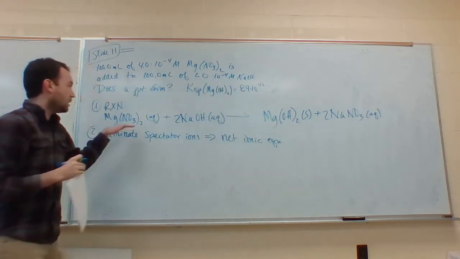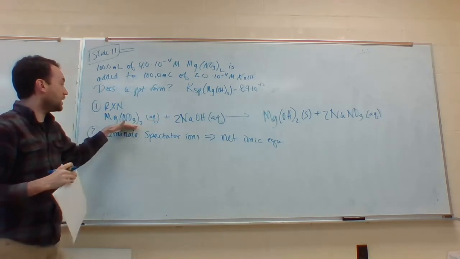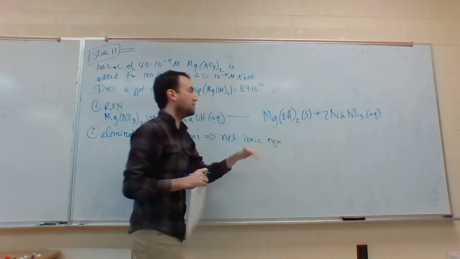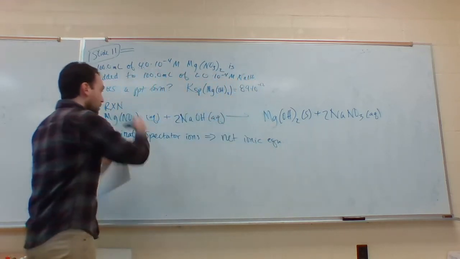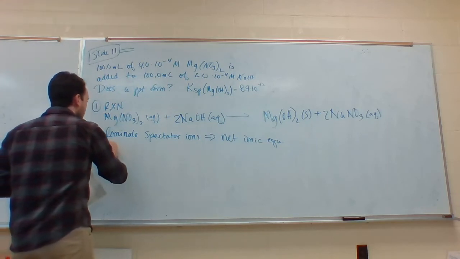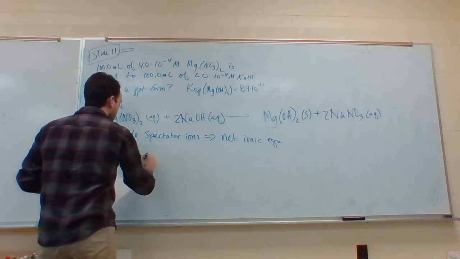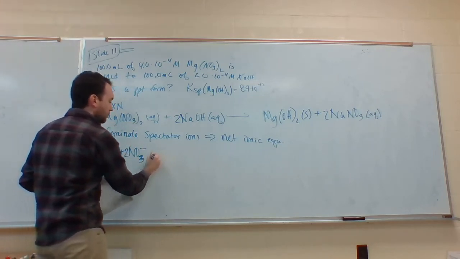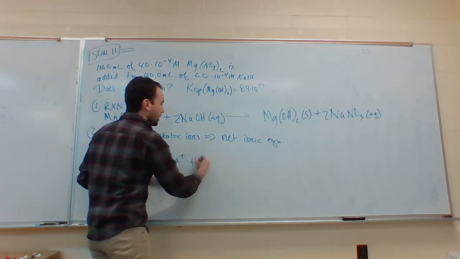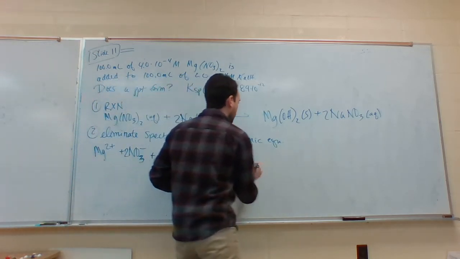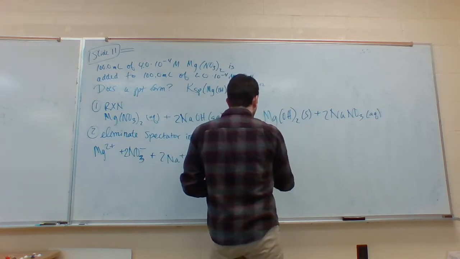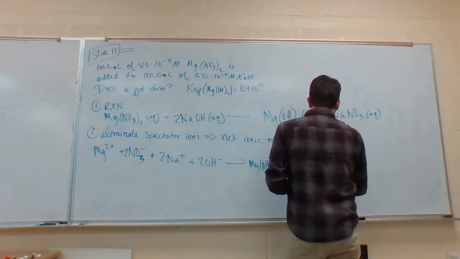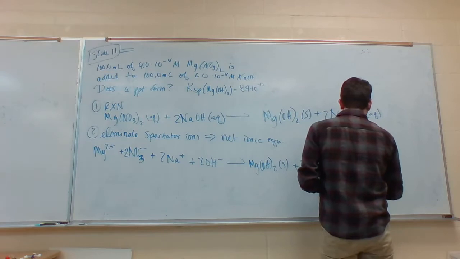So I know that my aqueous salts, all nitrate salts are soluble. All sodium salts are going to be soluble. And all nitrates are going to be soluble, but my magnesium hydroxide is not. So splitting them up into all their ions, I have magnesium 2+, 2 NO3-, plus 2 sodium+, 2 hydroxide- goes to magnesium hydroxide, which is not soluble, plus 2 sodium+, 2 nitrate-.